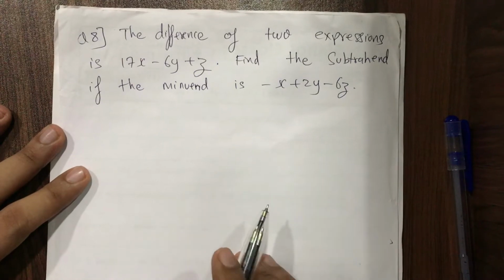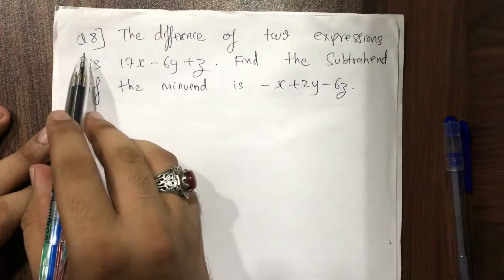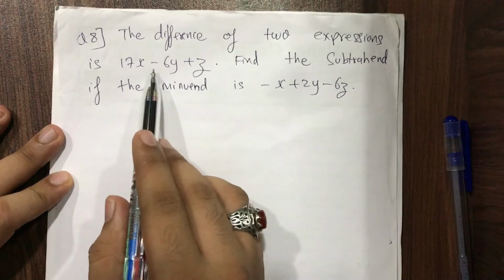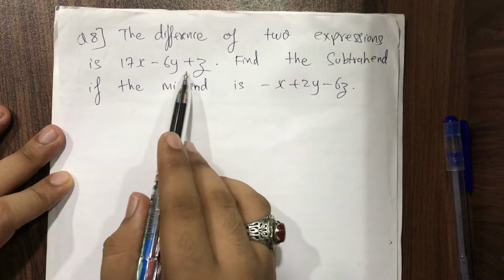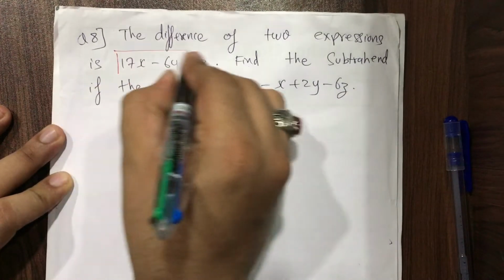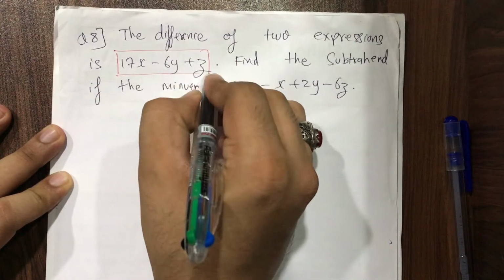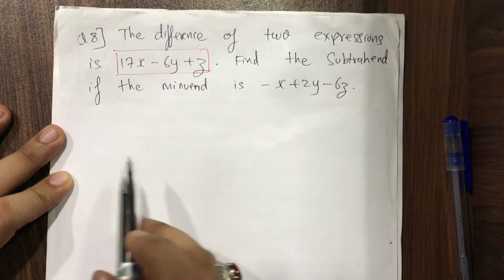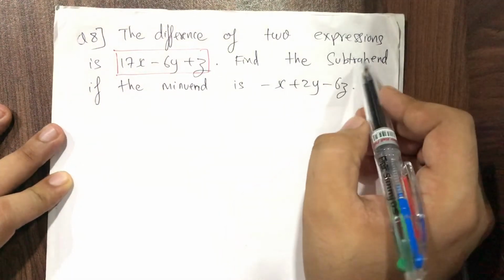Now the next question on the screen, students. Question number 8. The difference of two expressions is 17x minus 6y plus z. So difference is given to us, that the difference between the two expressions is 17x minus 6y plus z. Find the subtrahend.